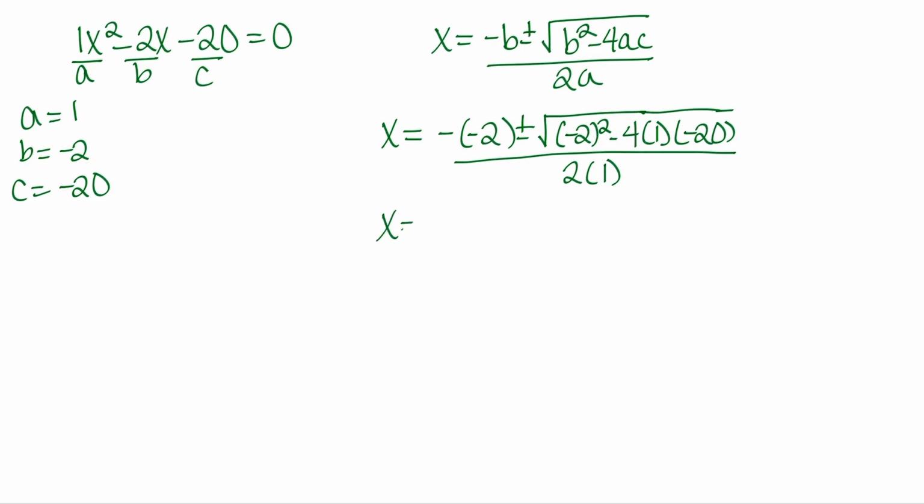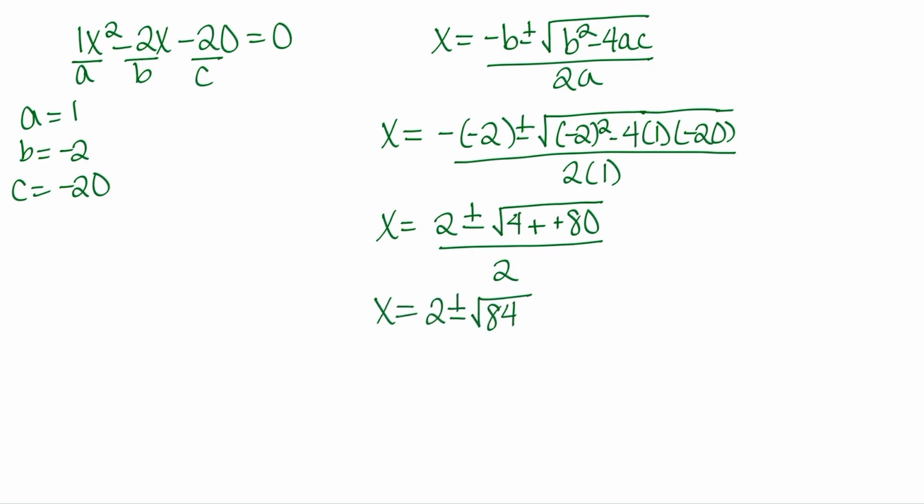So we have x equals negative negative 2 is just going to be 2, plus or minus the square root of negative 2 squared is 4. And then we have minus 4 times 1 times negative 20, so that's negative 80. That minus negative is just going to become plus, and that's all over 2. So we have x equals 2 plus or minus the square root of 84 over 2.